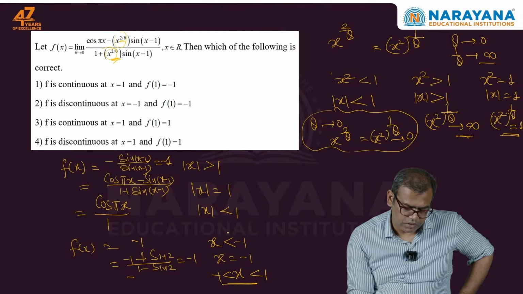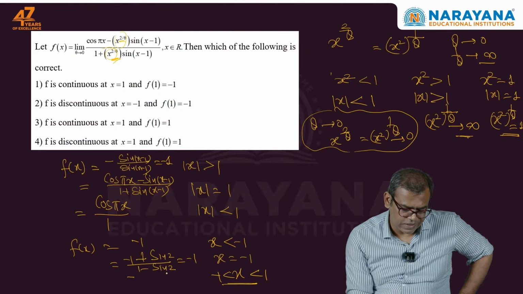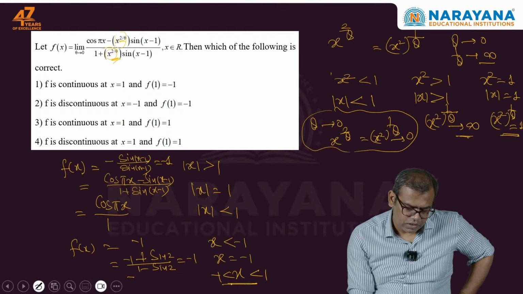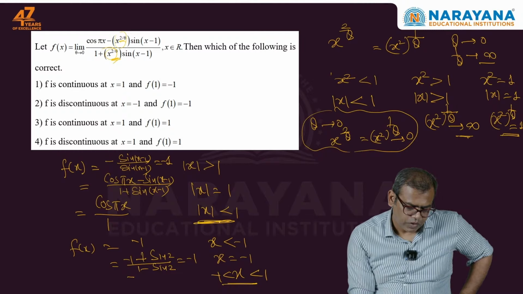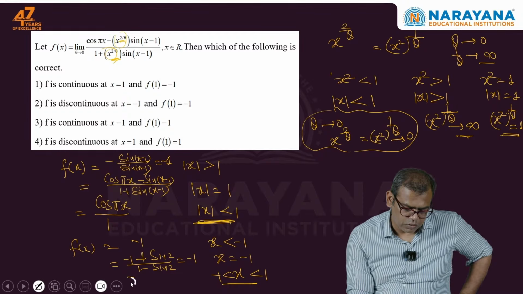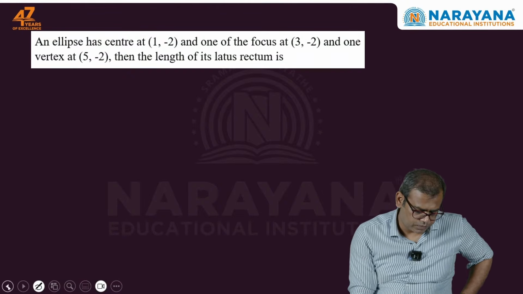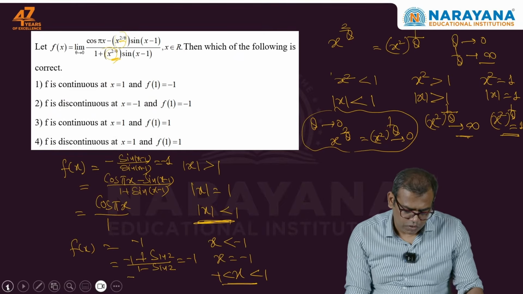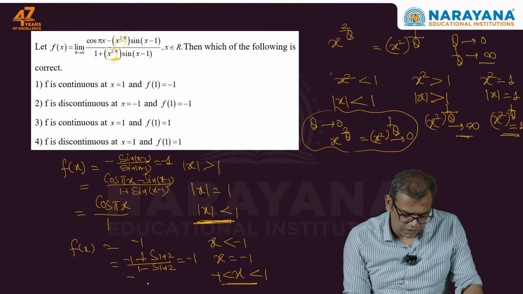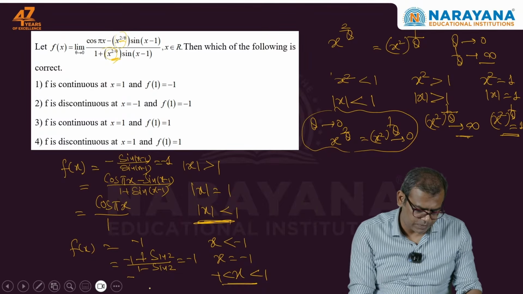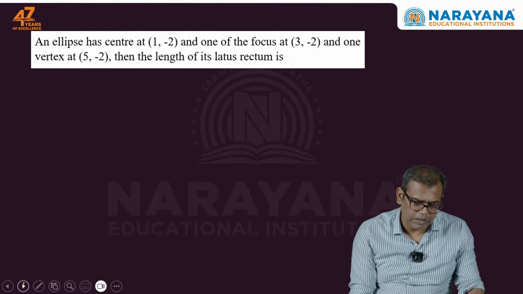So this is also minus 1 because the order is different. The third case is x greater than minus 1, so minus 1 to plus 1. Here is minus 1 coming. We don't have space here, so we go to the next space. First we discuss the next question, then we will come back.